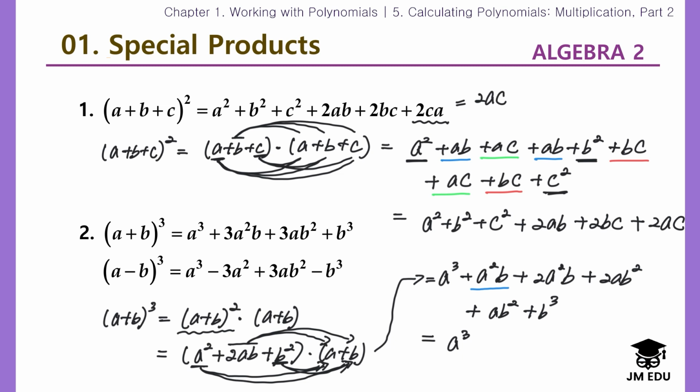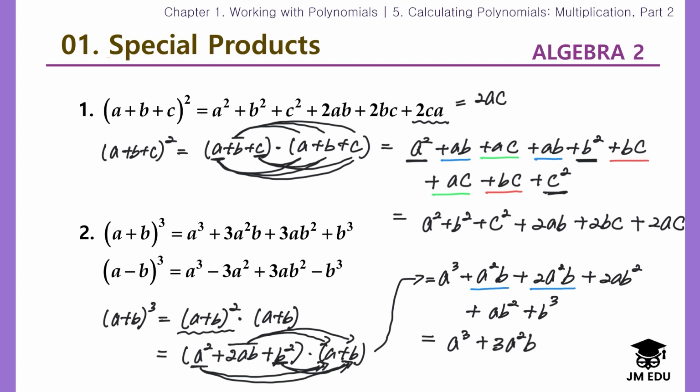Here, 2a squared b, and a squared b, one of them. So 1 plus 2, that's 3, so that's going to be plus 3a squared b.